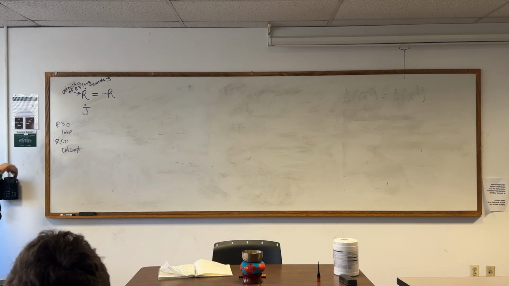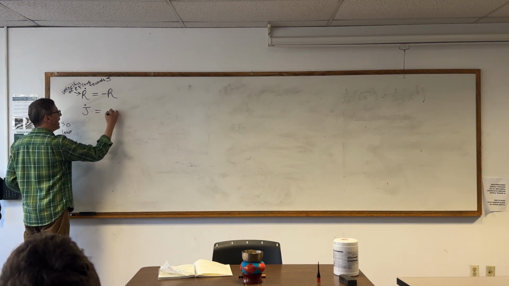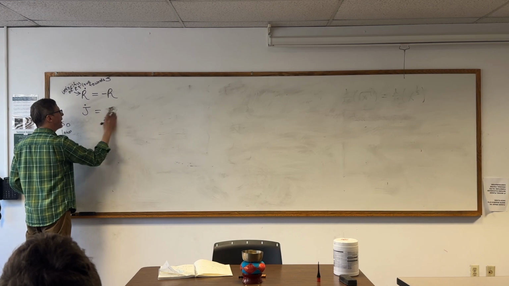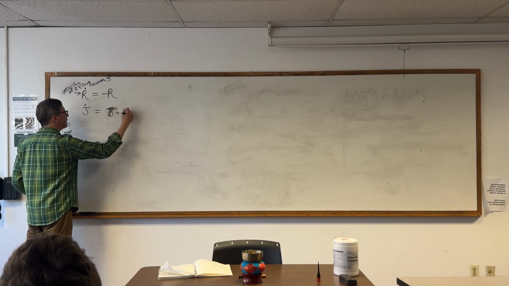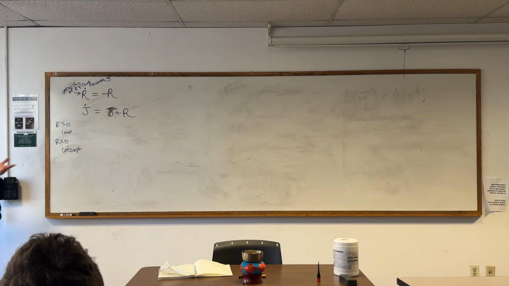The greater the magnitude of a negative R, the more contemptuous R feels toward J, and then J's feelings toward R are governed by J plus R. Let's understand this relationship, and let's use some of the techniques we talked about together to do so.